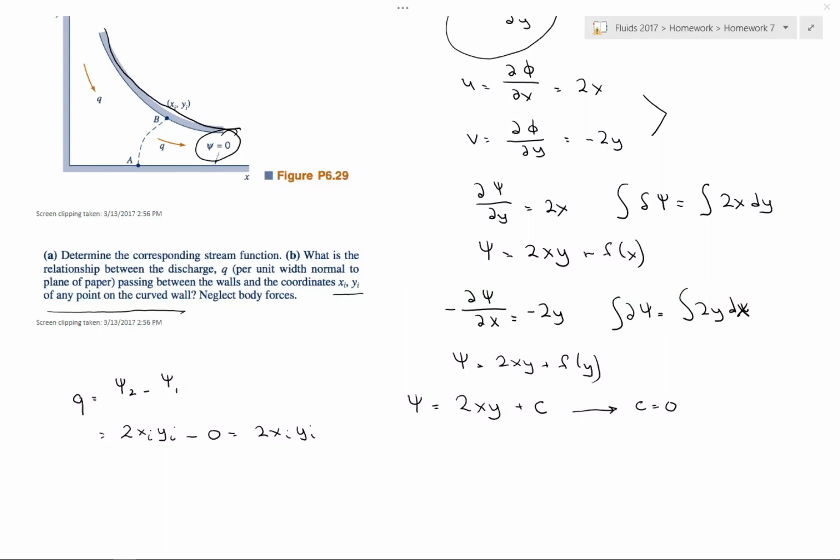Oh, I can see right away with 6.24. Did they have a negative in the back? I guess I'll check.